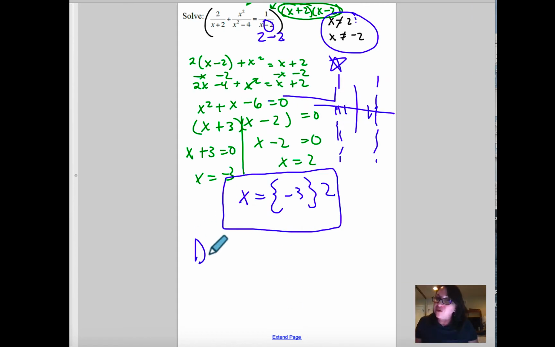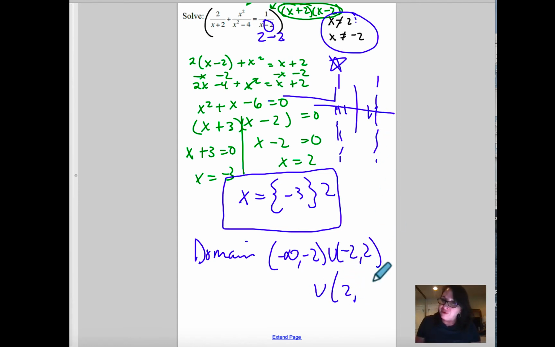So if I asked you for your domain for this problem, you would just say -infinity to -2, union with, and then it'd go from -2 all the way to +2, and then also it would go from +2 to infinity, and definitely graph that to verify that it goes all the way through, but that's what I would do.